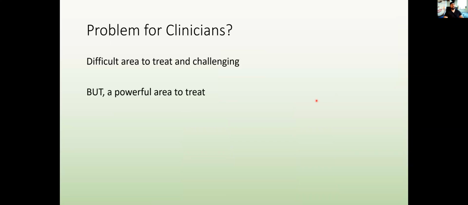So what is the problem for us practitioners when we're looking at periorbital rejuvenation? It is a very difficult area to treat, and it's quite challenging. Why is it challenging? Because there's so much variation in your bog standard tear trough. For example, here we do a lot of non-surgical rhinoplasty.